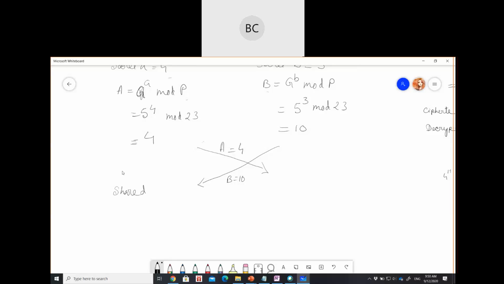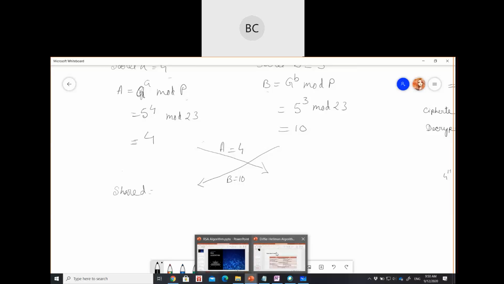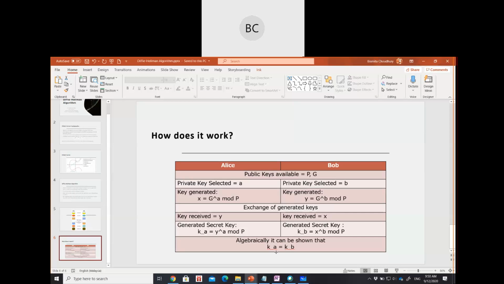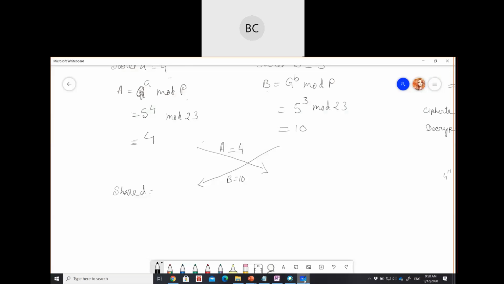The equation was y power a mod p. So you can say here b power a, where a is Alice's own secret, then mod of p, which is known to all again.